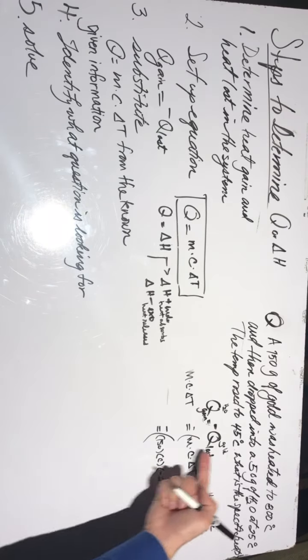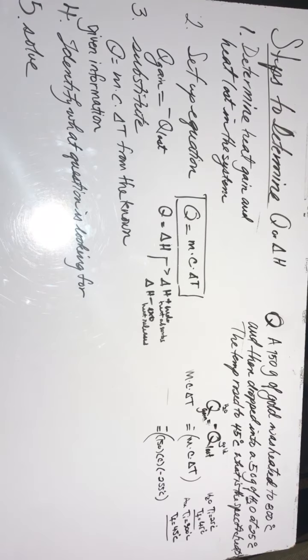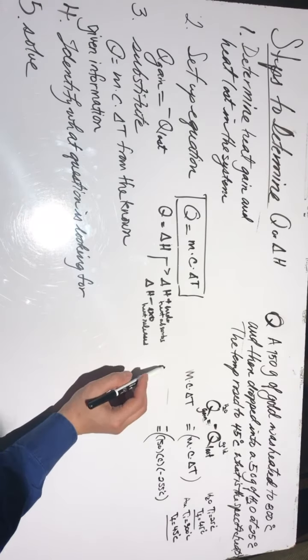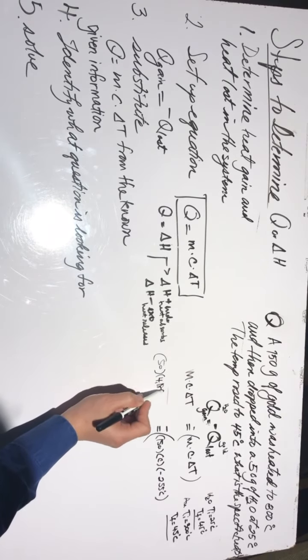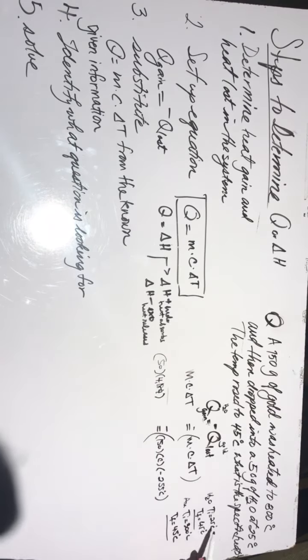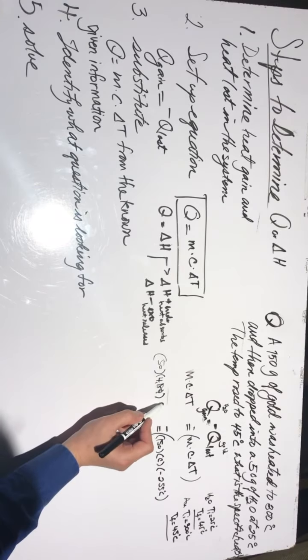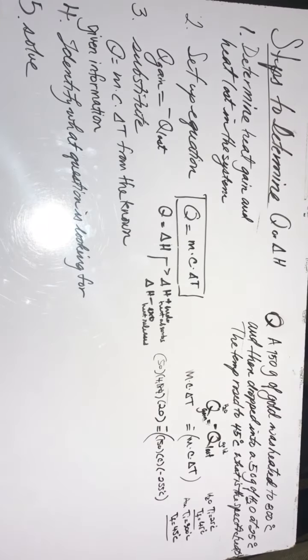That's what it is based on the gold. The mass of water is 50. The specific heat of water, you must recall this. The change of temperature is actually 20 degrees Celsius.